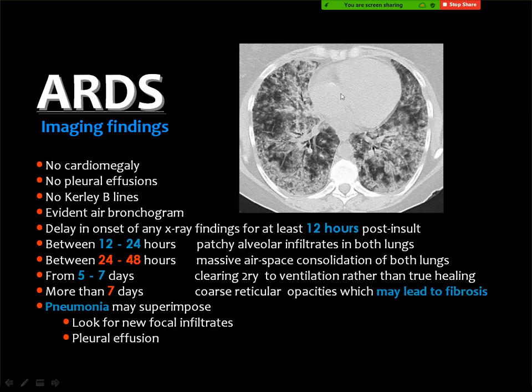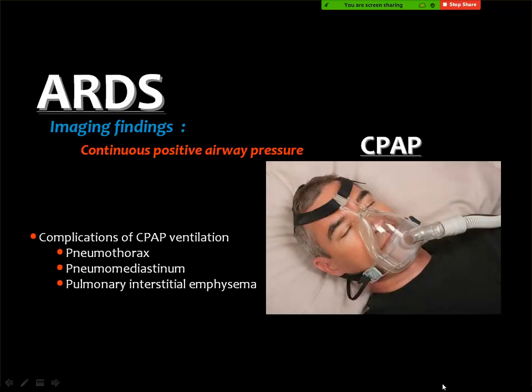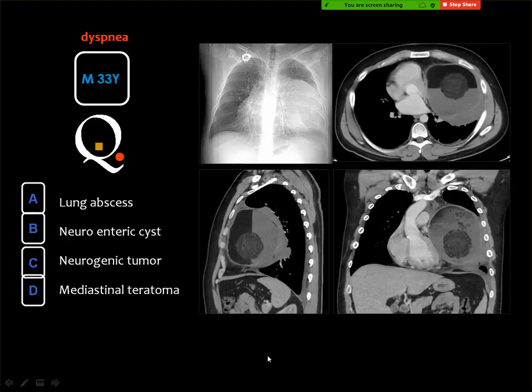Then if the condition persists, the patient may develop a superimposed pneumonia or may pass later on into lung fibrosis. The continuous positive airway pressure is known as CPAP, and this CPAP may be complicated by the development of pneumothorax, pneumomediastinum, and pulmonary interstitial emphysema.